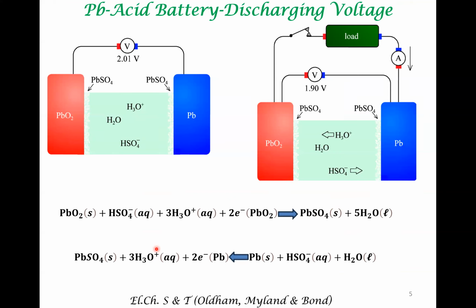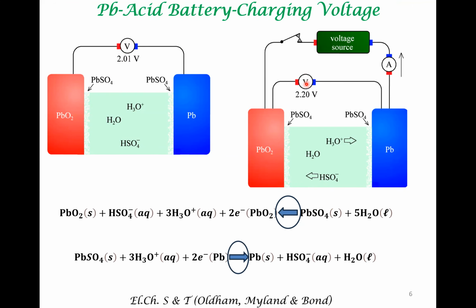In both cases, lead sulfate gets formed just on top of the electrode, by the side of the electrode. So this voltage is less than this voltage. This was the voltage at equilibrium, and this is the voltage during the discharging process.